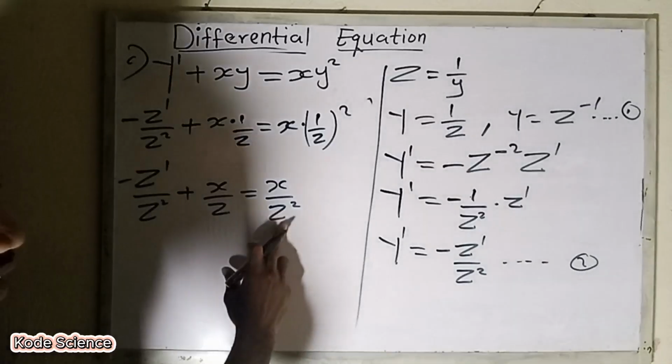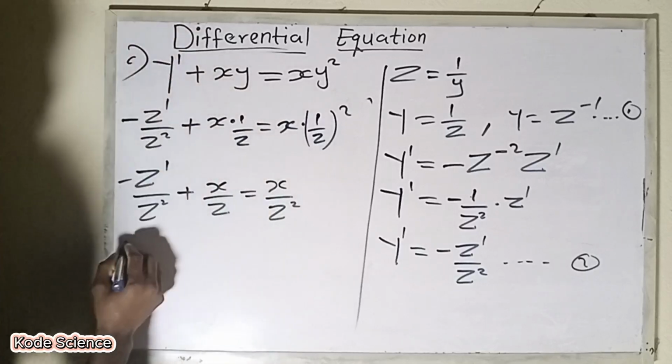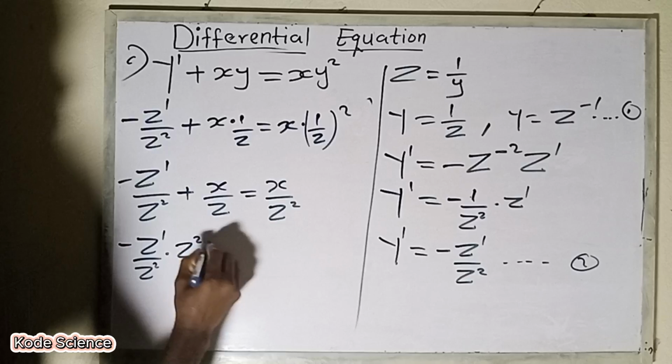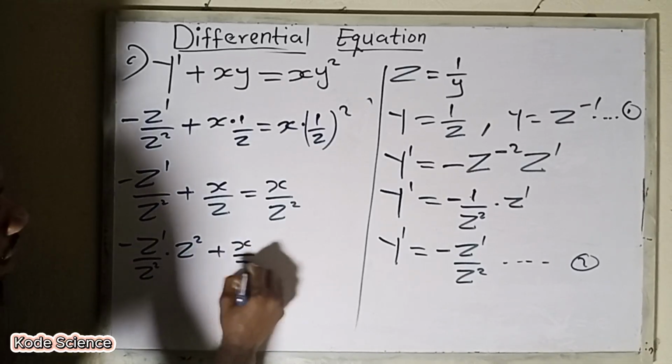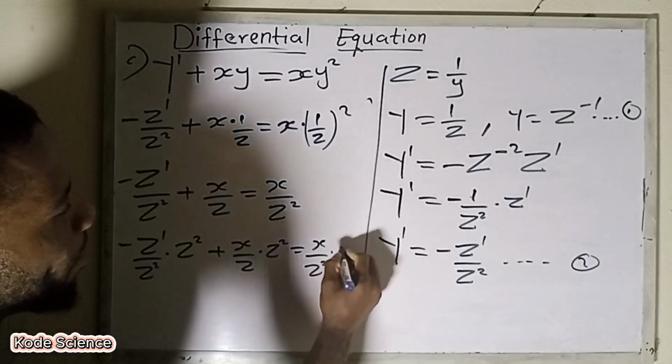I want to eliminate this z squared, so I will multiply all through by z squared. So negative z prime over z squared multiplied by z squared, plus x over z multiplied by z squared, is equal to x over z squared multiplied by z squared.